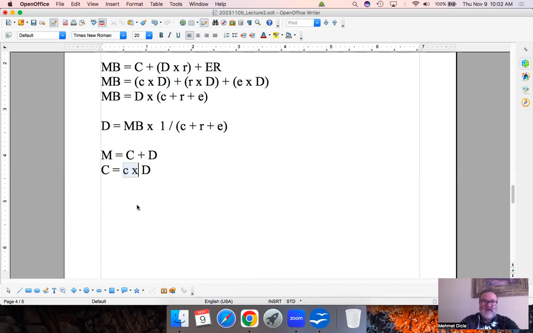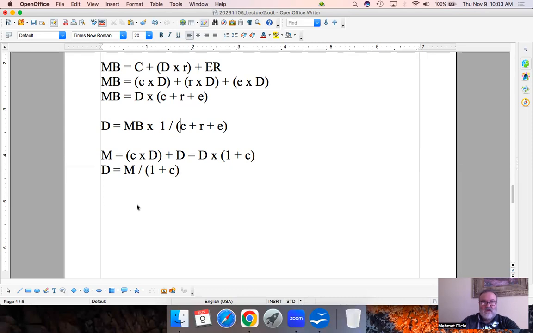Then I can take this and plug it in right here, and group them again. So that would be D times 1 plus the currency ratio, which means D equals money divided by 1 plus the currency ratio.